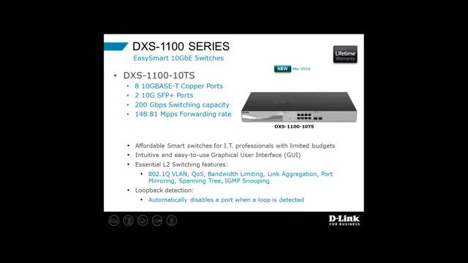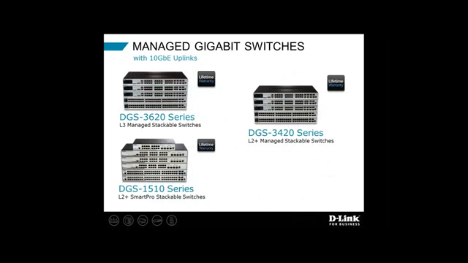So this is not quite as sophisticated as the 1210s. It still has the same essential layer 2 switching features like VLAN, QoS, and IGMP snooping, maybe lacking some of the other more sophisticated features. But this is a very low cost, very affordable 10 gig switch for networks of basically all sizes. So look for this coming in early first quarter of next year.